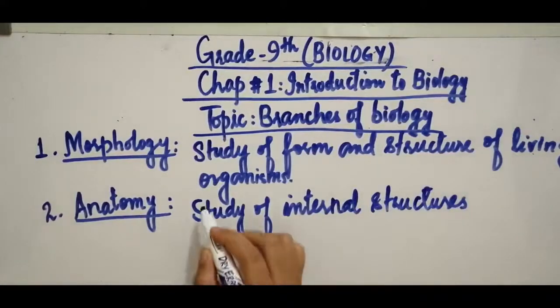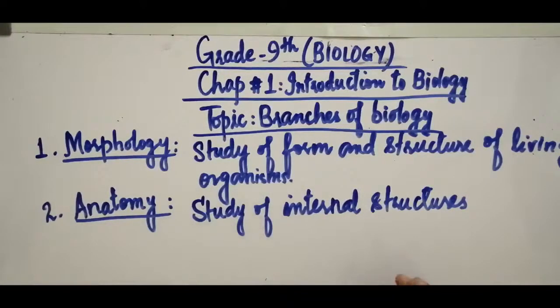Clear? So, some of the examples which we can include here are some of the internal organs of your body. For example, kidney, heart, brain. So, study of internal structure or study of internal organs which are related to living organisms is known as anatomy.